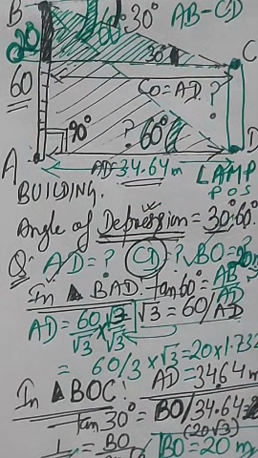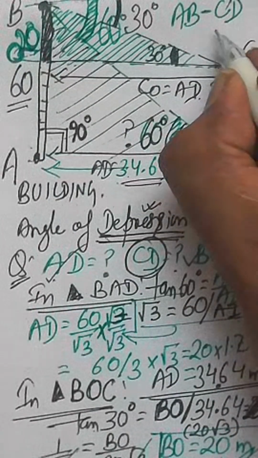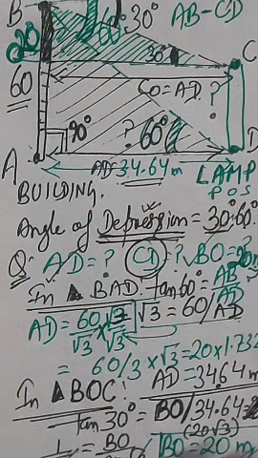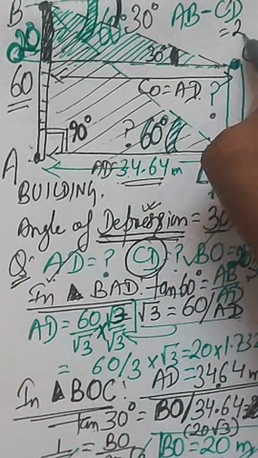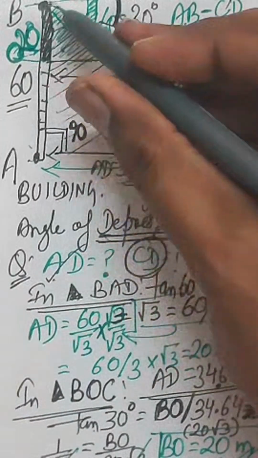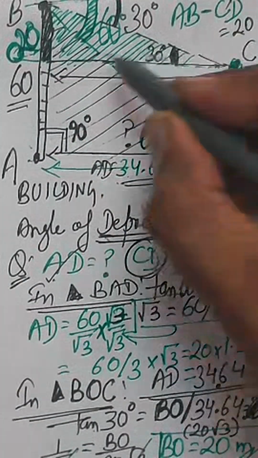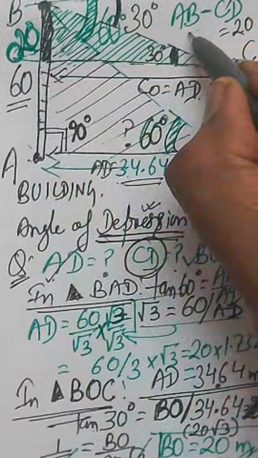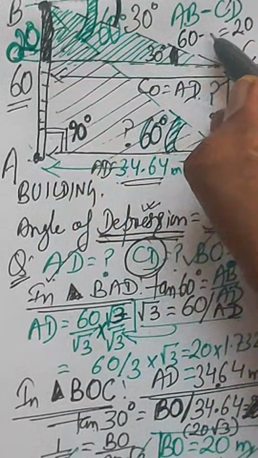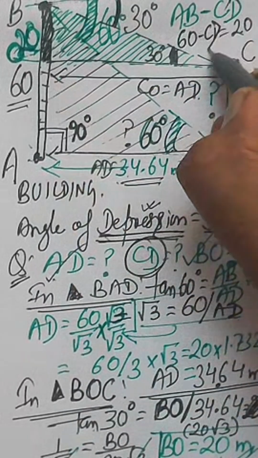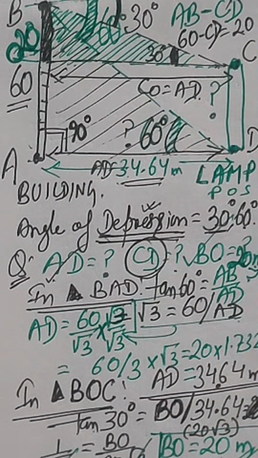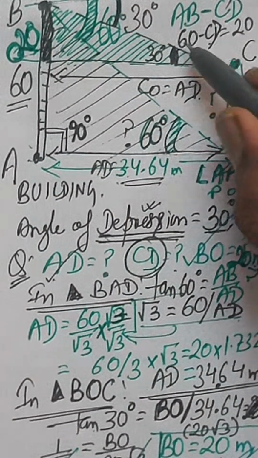Okay, to get the difference which you have already calculated, that is already derived as 20, this one, deep black. So if AB minus CD is 20 and you know the value of AB as 60, you can write 60 minus CD equal to 20, and CD can be said as 60 minus 20.